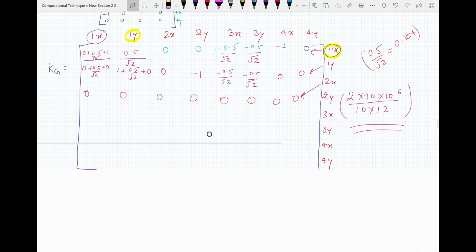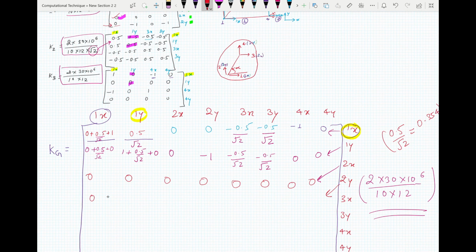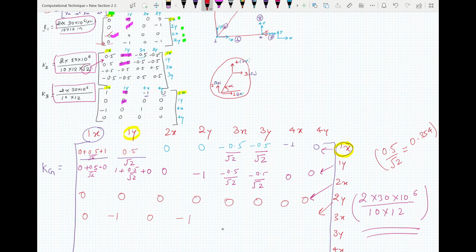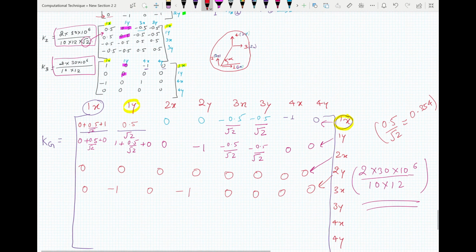For the fourth one, we're going to look into 2y. So it will be 0, -1, 0, -1, and then 0, 0, 0, 0. Now for 3x, we have to look into this row here.